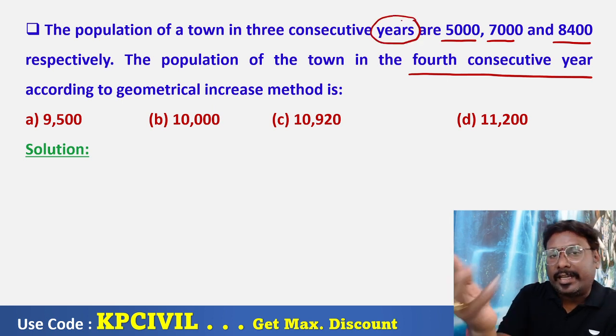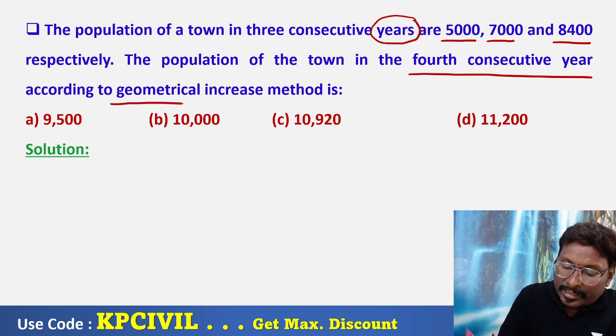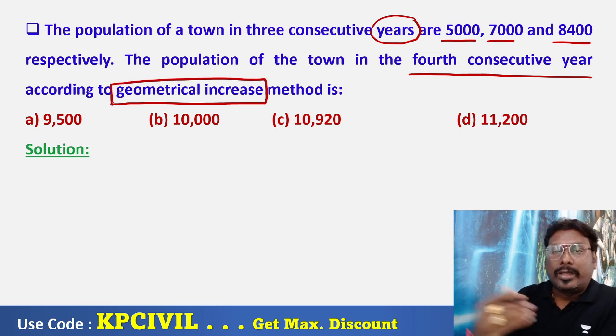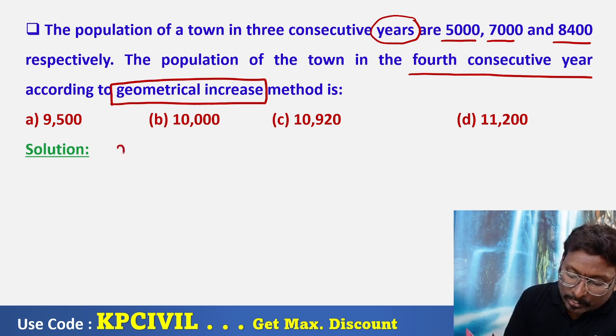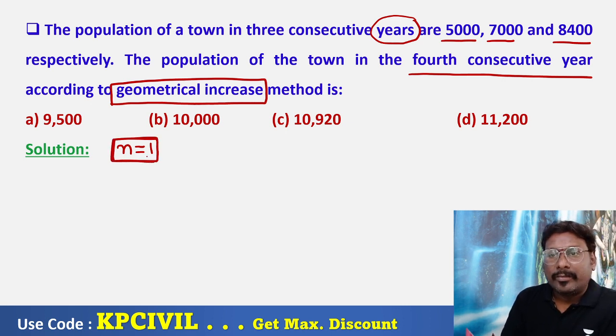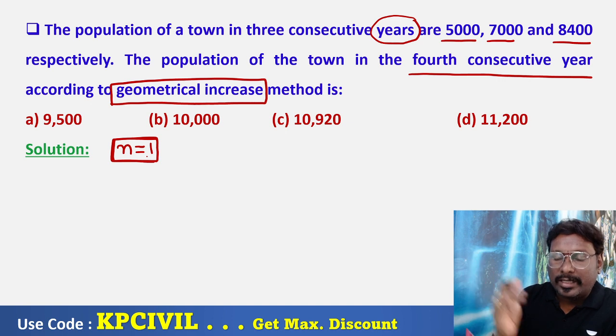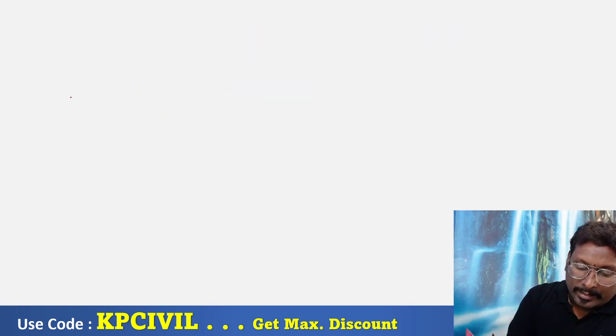Year or decade, same. They are talking about consecutive. So n is equal to 1, the number of consecutive decades or years. Please take 5,000, 7,000, 8,400.